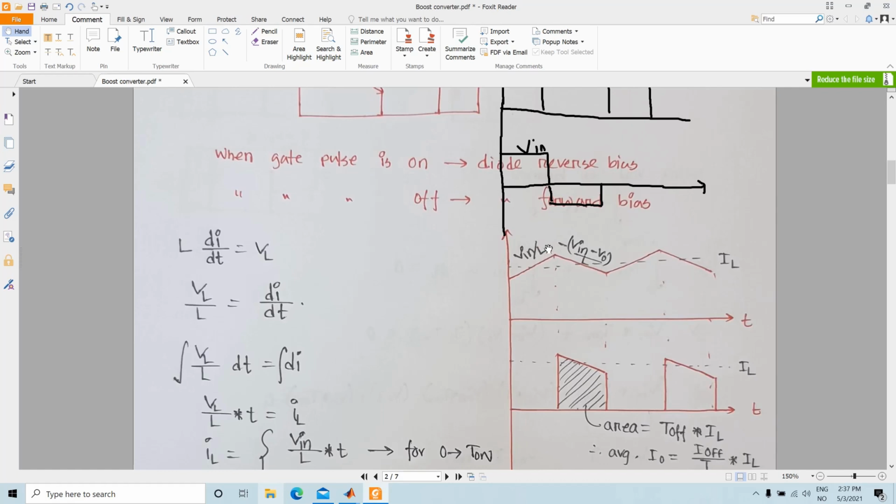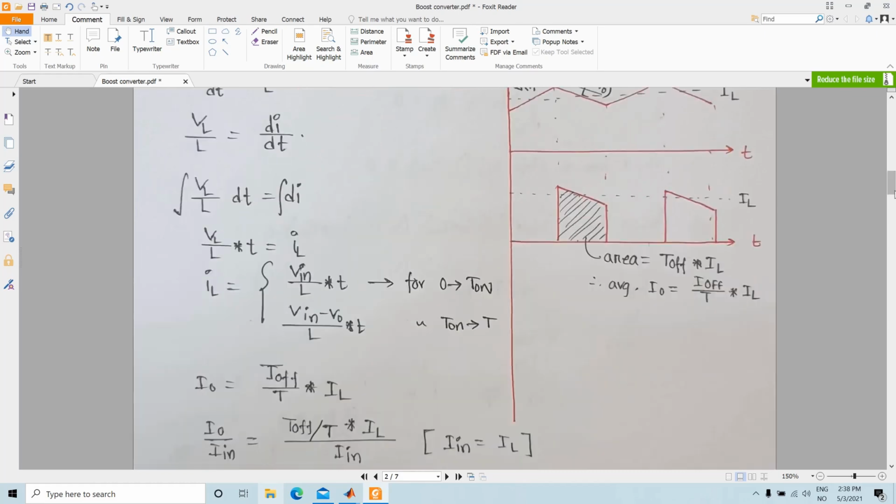Now our objective is to find what will be the value of L so that we can have a continuous inductor current operation, and we will calculate it from the IL max and IL mean value. So the IL max is IL, the DC part of the inductor current, plus this delta IL.